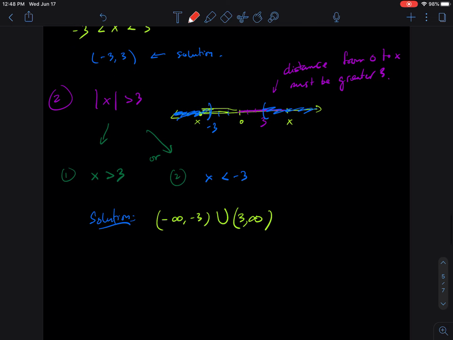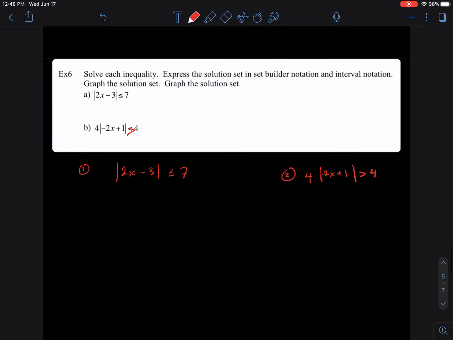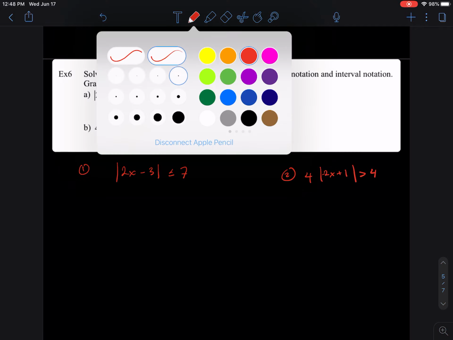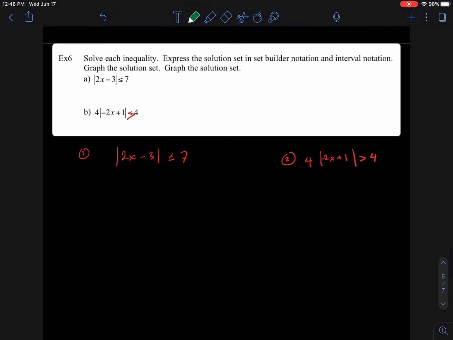And if the inequality is greater than, let's change that to greater than 4. When you do this type of absolute value inequality, what you want to make sure is that you isolate the absolute value by itself first. So now there's nothing in front or added to that.